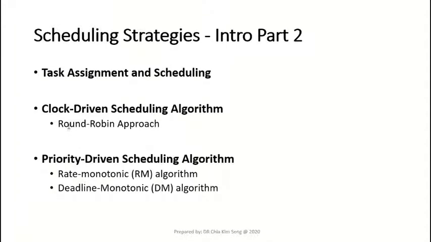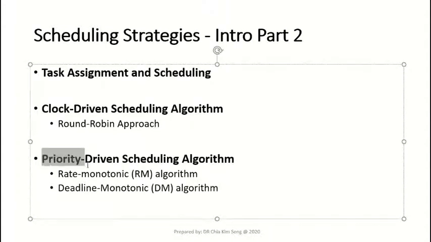As you can see from the name, priority-driven means we are going to set the priority according to the algorithm requirement. So there we are going to explore a little bit. Basically, in short, the rate monotonic is based on the period. The shortest period, or the lowest period, gets the highest priority.